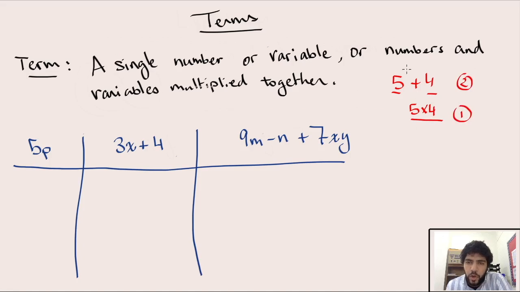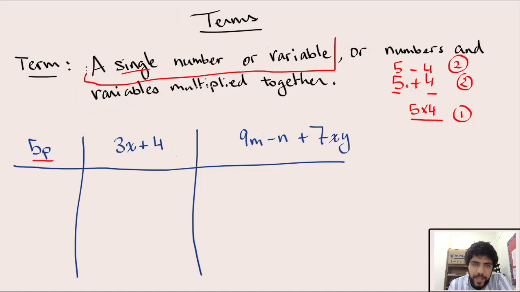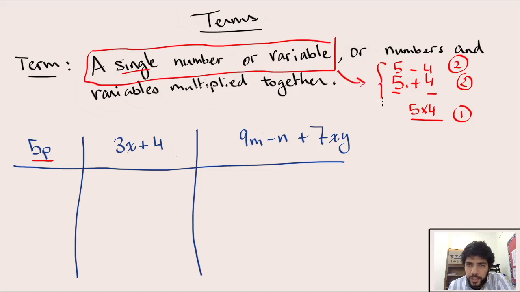Okay? So only addition and subtraction signs separate terms. So 5 minus 4 would also be 2 terms. Okay? Let's look at these examples. So when I say 5p, it's not a single number. So this first part of the definition applies only to very simple things like what I showed here. Okay? The second part, numbers and variables multiplied together.